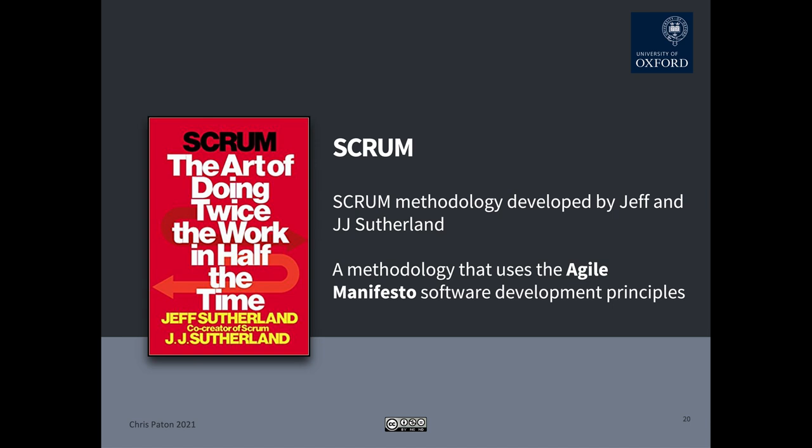So Scrum is the other method that we use as part of the human-centered design process. This is based on the Agile Manifesto. The Agile Manifesto is basically a group got together, I think in the 90s or 2000s, to say, with the changes in how software can be released, we can release much more.